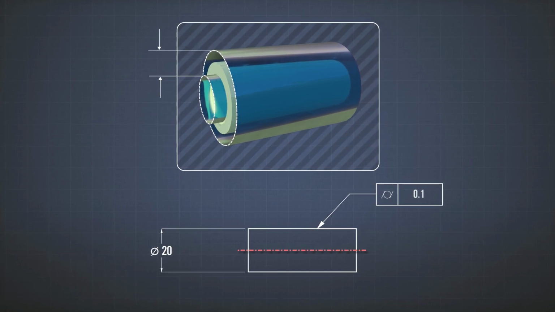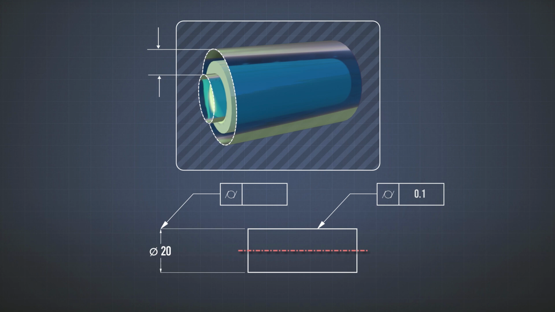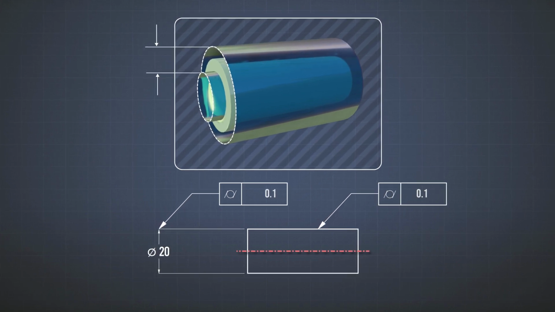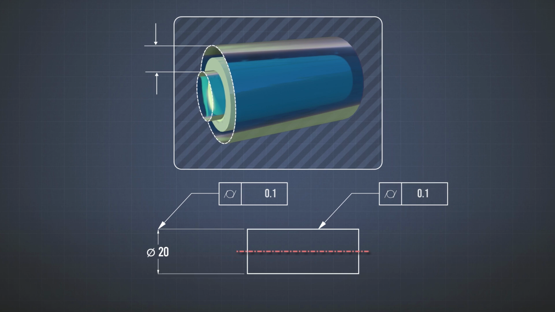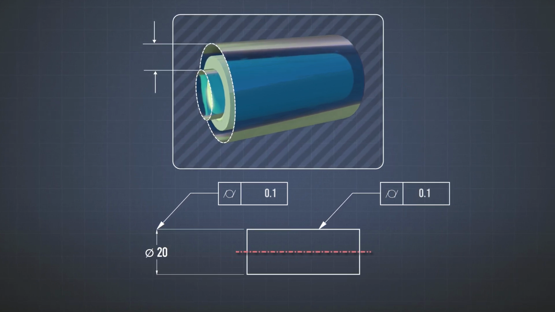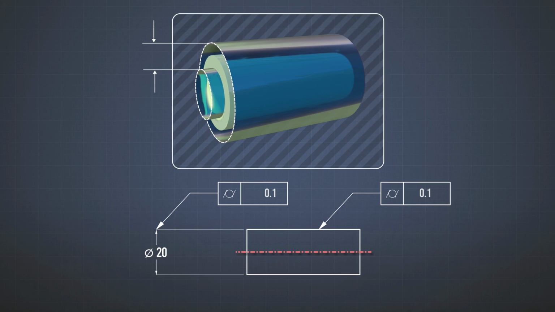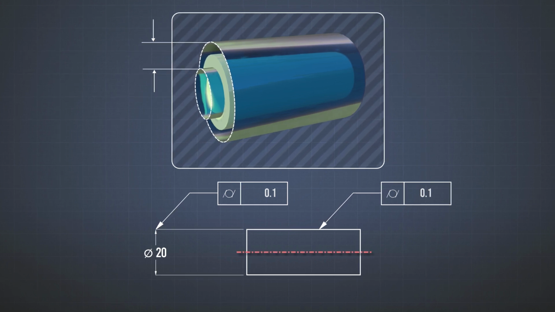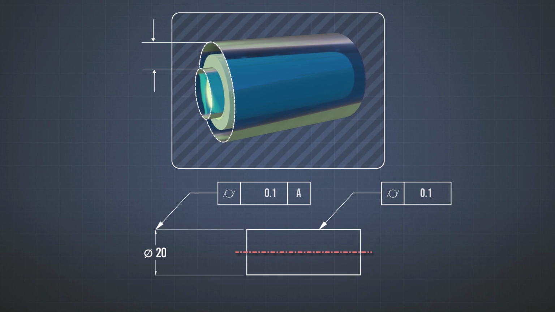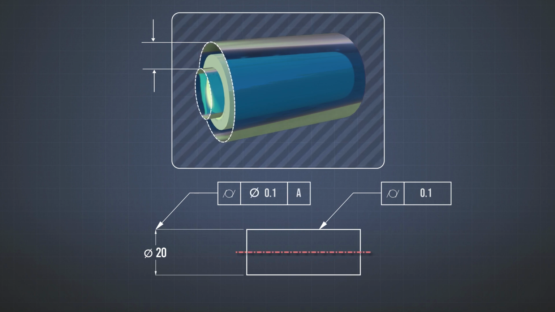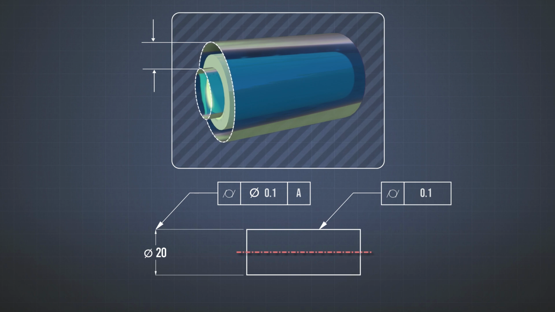Another common mistake is where you point at the dimension with the leader. This way you're tolerating the center line of a cylinder, and you say, I want it to be round or cylindrical. A center line is just a line, it cannot be cylindrical. So if you want to continue here and do all the common mistakes, we will add a reference and add here a diameter sign to our tolerance. So here you made all three mistakes.